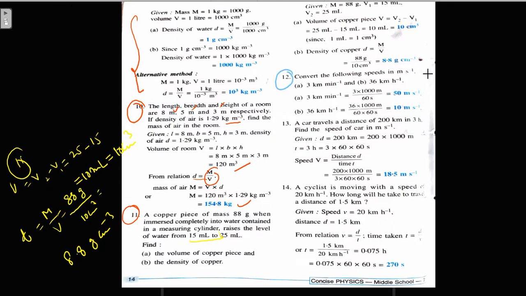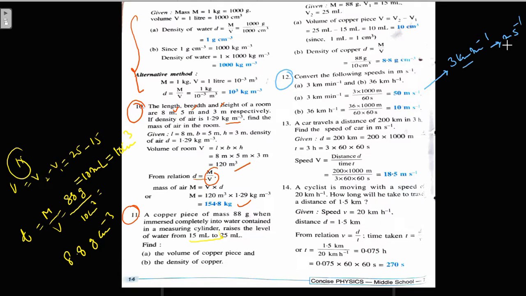Here, convert the following speeds in meter second minus 1 and kilometer per hour. 3 kilometer minute minus 1 to meter second minus 1.